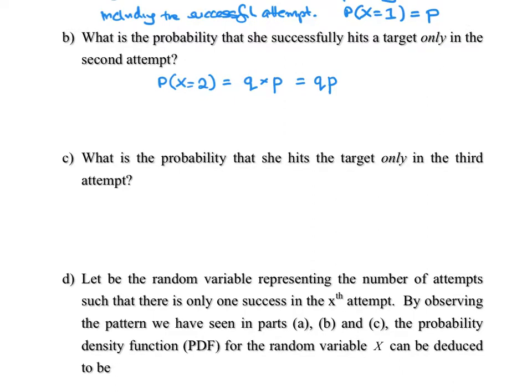And what is the probability that she hits the target only in the third attempt? So we have P(X = 3) equal to Q times Q times P, equal to Q squared P.